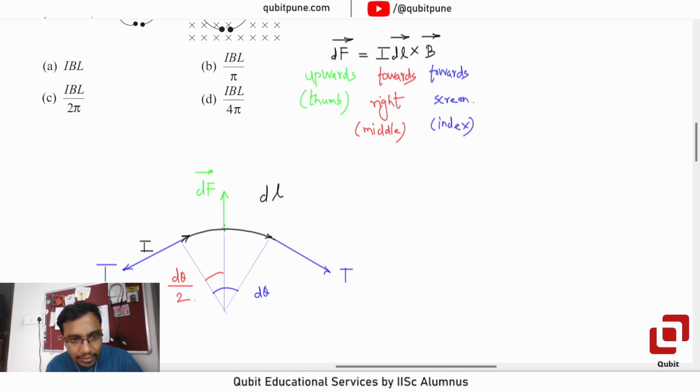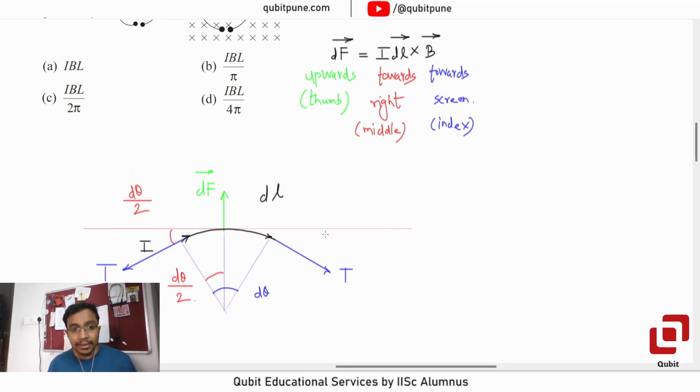Now suppose we wish to determine the angle that this tension along the tangent vector makes with the horizontal. That angle will also be d theta by 2. While solving mechanics problems, I have told you a fact: the angle between any two lines is the angle between their perpendiculars. So the angle between vertical and radius will be the angle between horizontal and tangent.